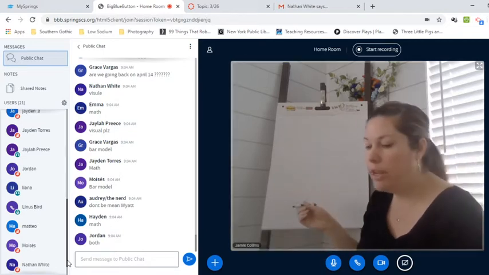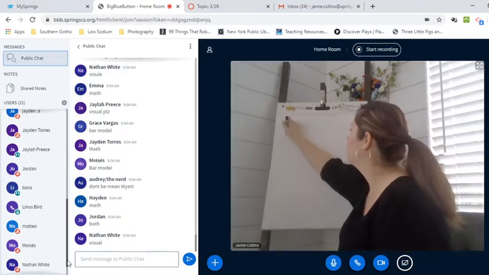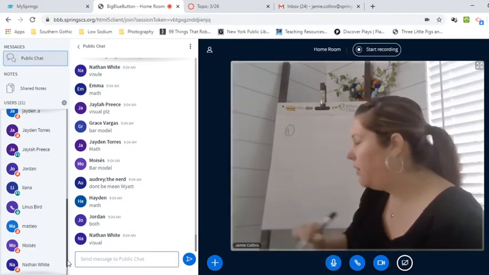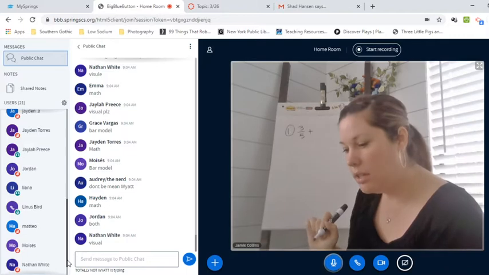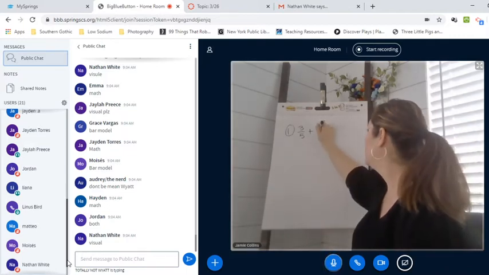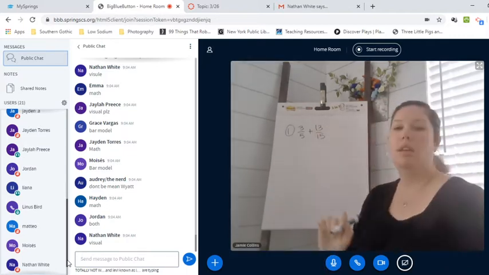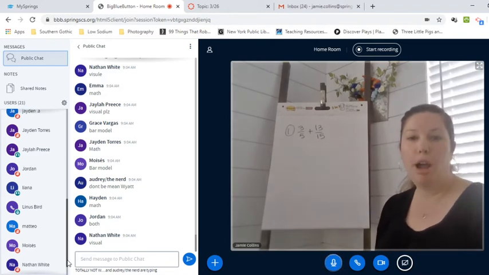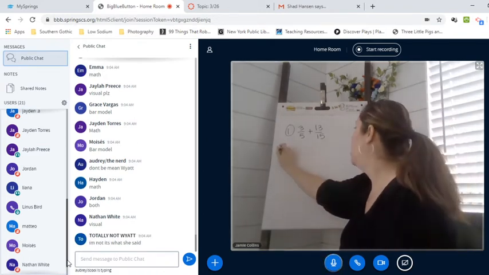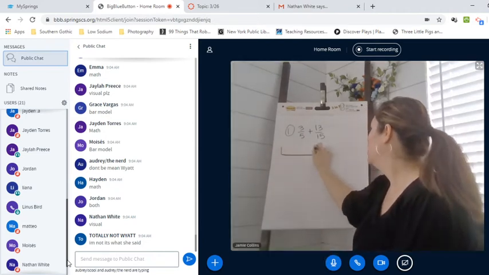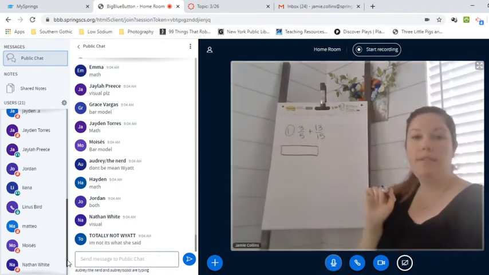All right, so number 1: 3/5 plus 13/15. Okay, so let's draw our bar model for these two fractions. I'm going to draw this, and I'm going to split this into fifths.